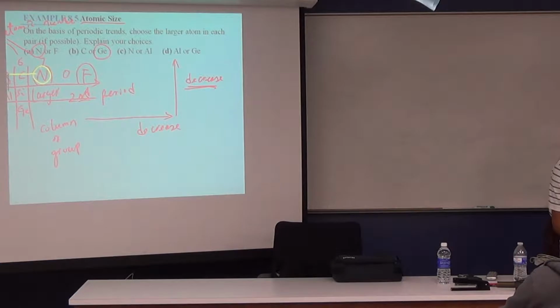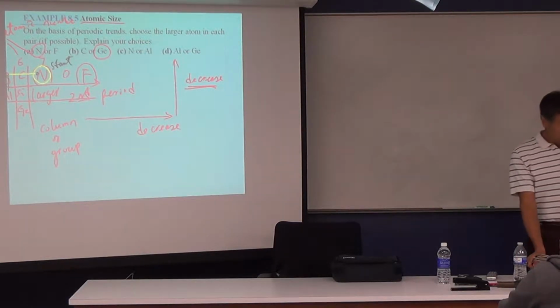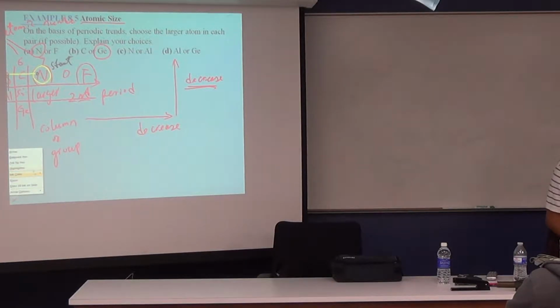Where you start doesn't matter. You can start from Al or from N, you just need two arrows, two steps. So you start from N and go to boron. This arrow, what kind of arrow is it, decrease or increase?